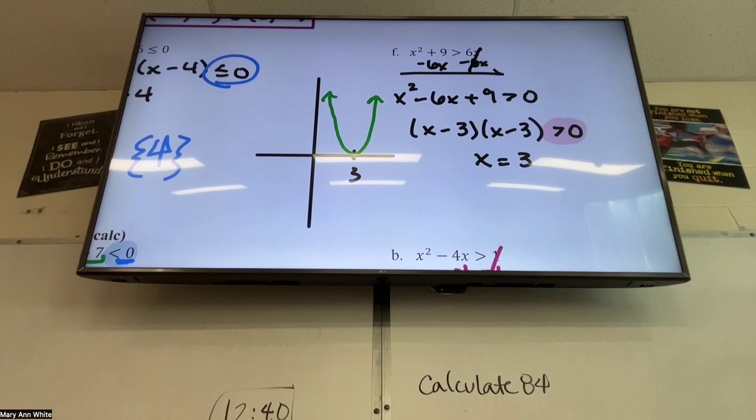What's greater than 0? Is it negative infinity to 3? So negative infinity to 3. I like that. And then what to what? 3 to positive infinity. Good.